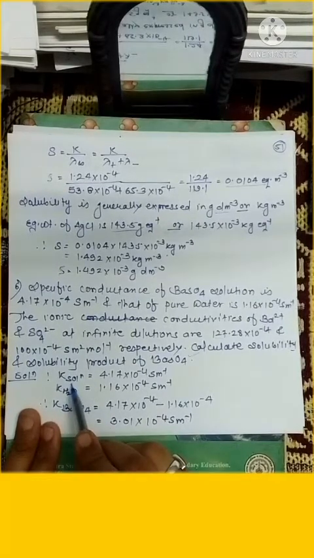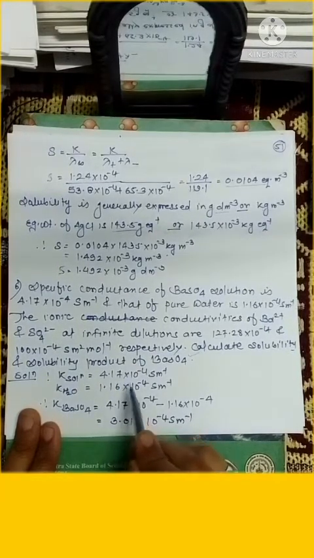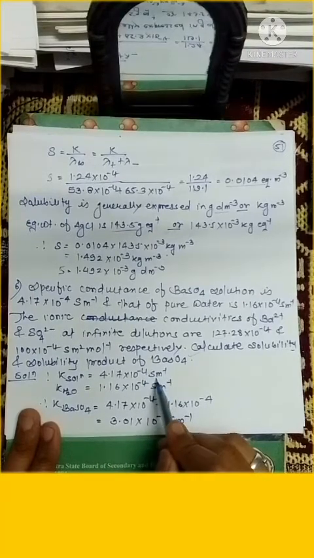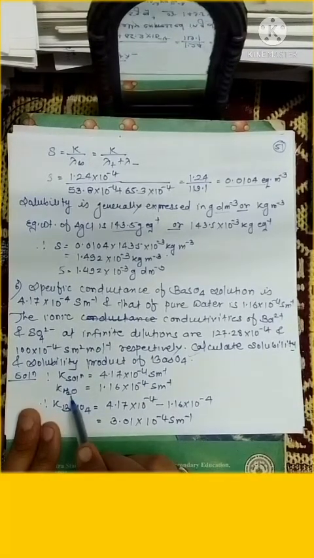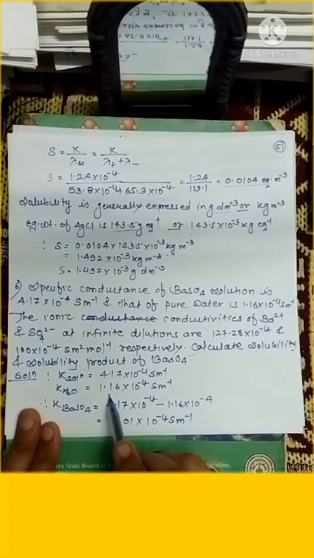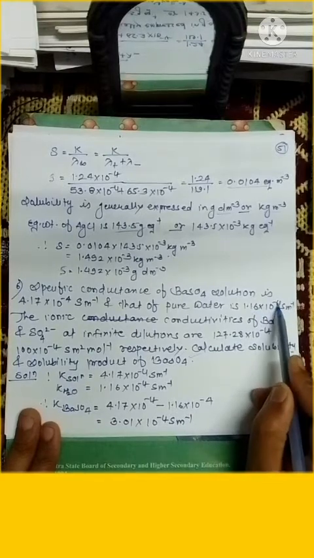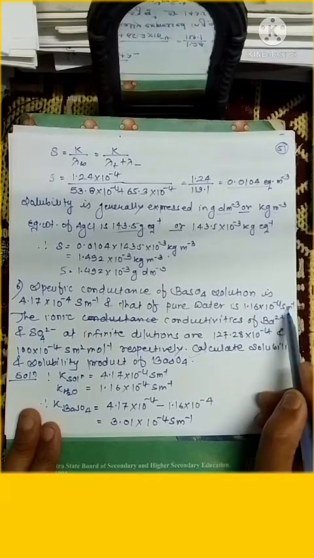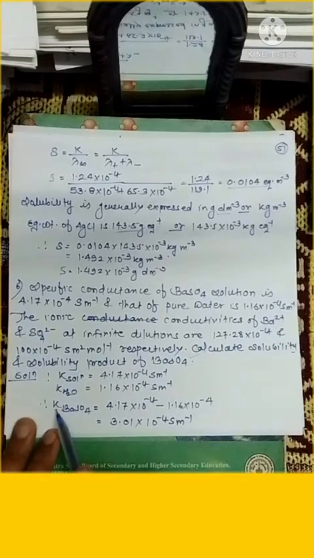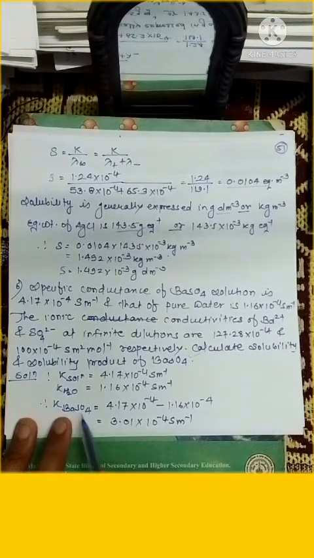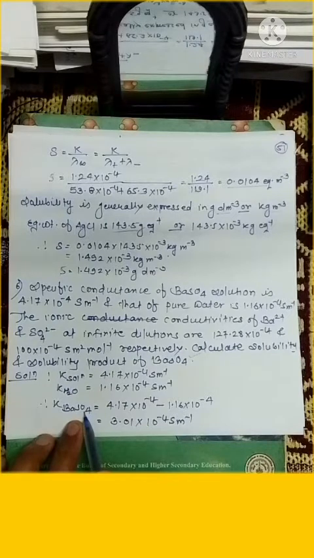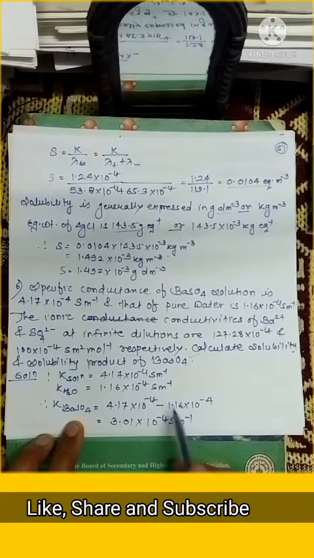So K of solution is given, that is 4.17 multiplied by 10 raised to the power minus 4 Siemens per meter. K of water is also given, that is 1.16 multiplied by 10 raised to the power minus 4 Siemens per meter. So specific conductance for barium sulfate is equal to K of solution minus K of water, which comes as 3.01 multiplied by 10 raised to the power minus 4 Siemens per meter.